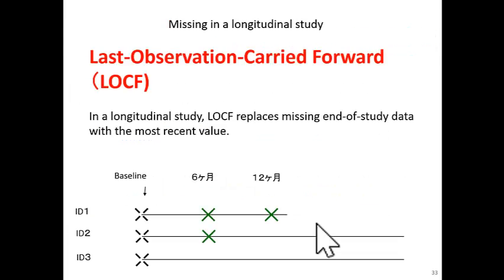So now let me talk about missing data in the longitudinal study. Many of you have heard of the last observation carried forward method, LOCF. This is a method used when you conduct a longitudinal study, like a prospective cohort study or RCT, where patients are supposed to come back multiple times during a study, and you make an assessment when they come back.